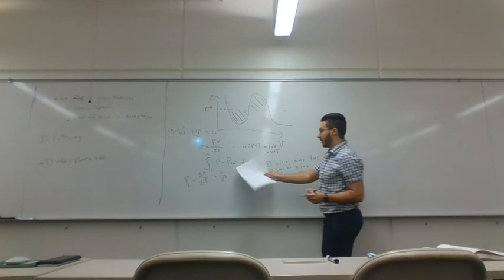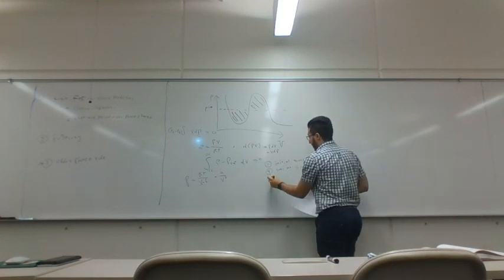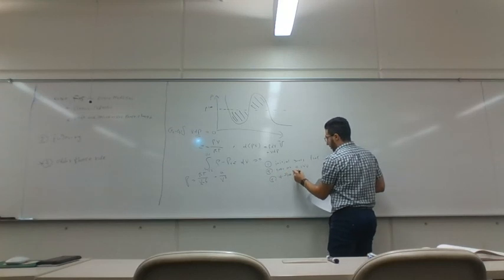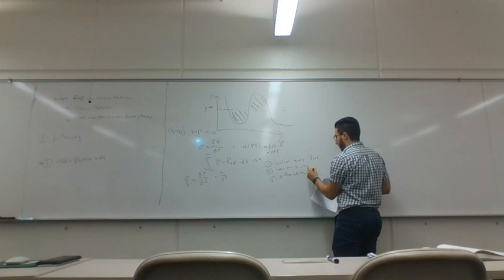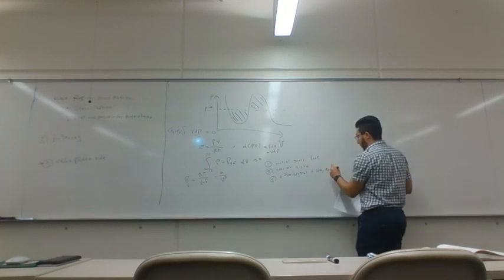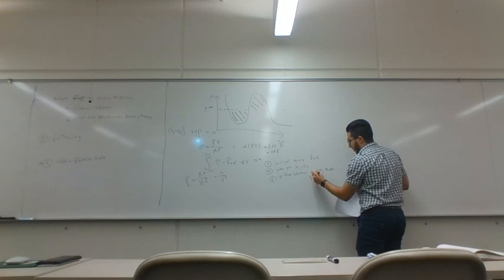Then you can do this integral and check if it's 0. Then P sat is the root of the prediction.